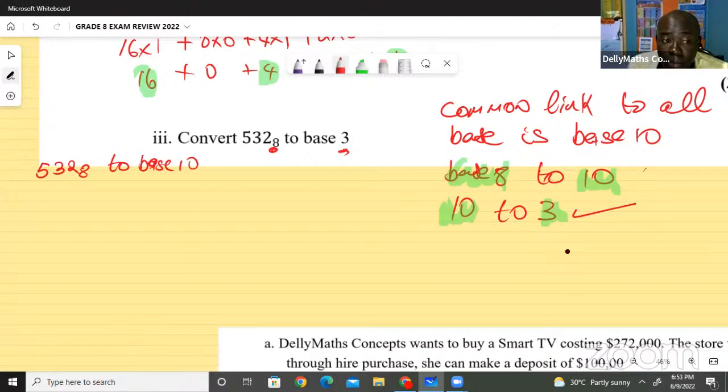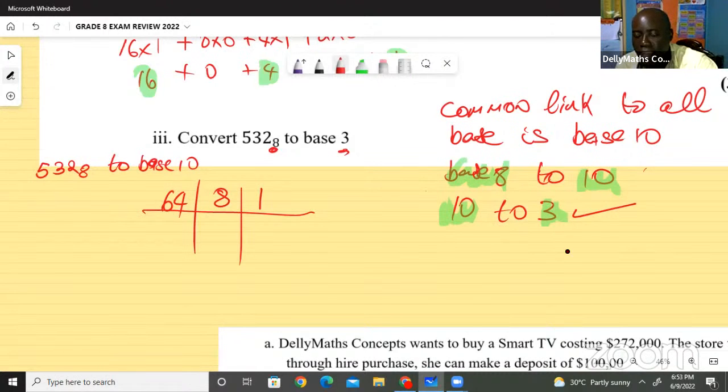So we're going to move it to base 10. As long as you're going to base 10, you have to write down the table for base 8. So it's going to be 1, then 8, then 64. Because did you know that the table for base 8 starts at 1 and you keep multiplying by 8? The table for base 10 starts at 1, you keep multiplying by 10.